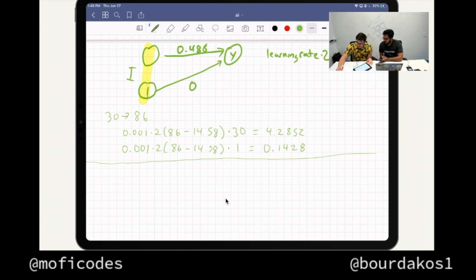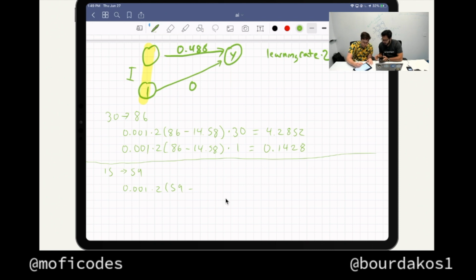Then we have to do this again with our 15. We expect to get 59. So 0.001 times 2 times 59 minus 0.486 times 15.